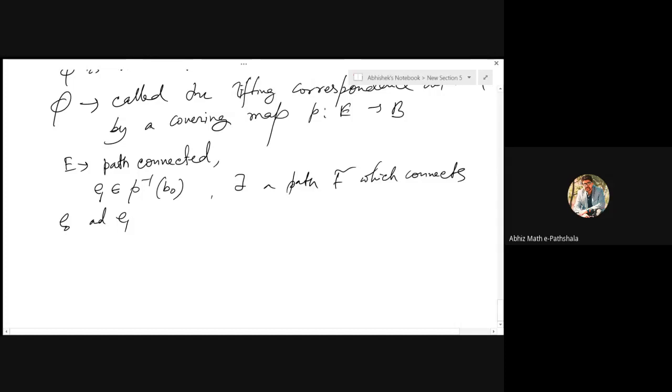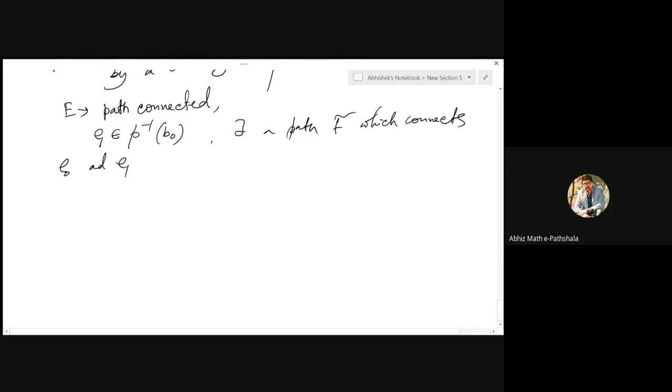If we compose this F tilde with P, then this map is a loop in B at B naught, right?